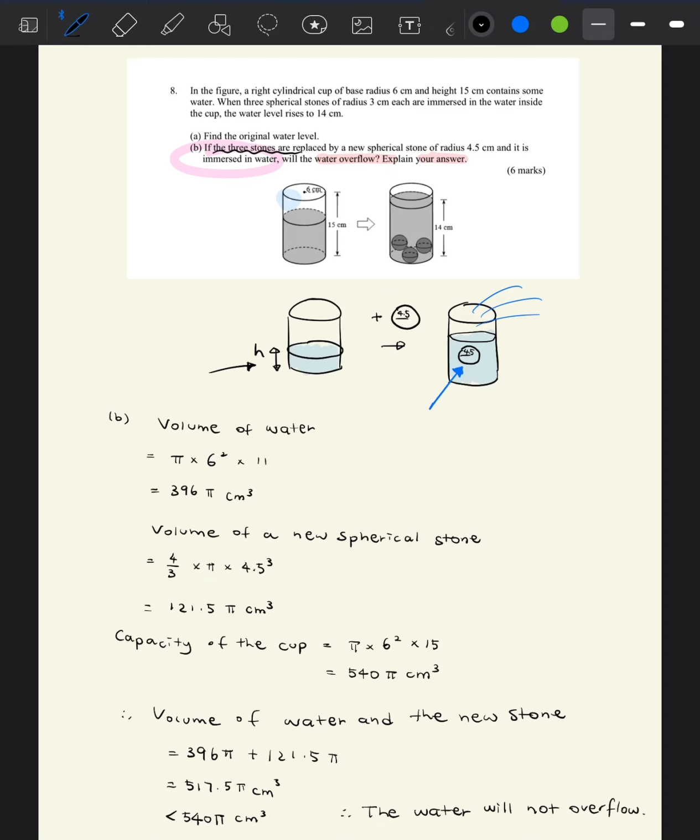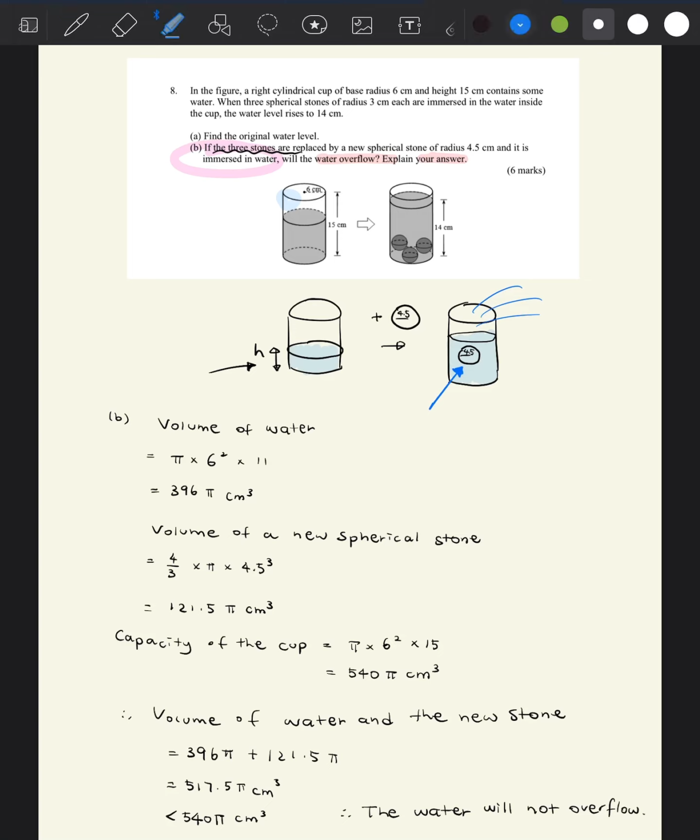So whenever it says will the water overflow, you have to compare with the capacity of the cup. If the cup can contain that amount of water and the space that the stone uses, then it will not overflow. If the volume of water and the new stone together is bigger than the capacity of the cup, then it will overflow.